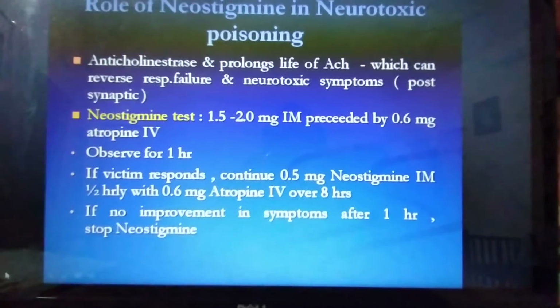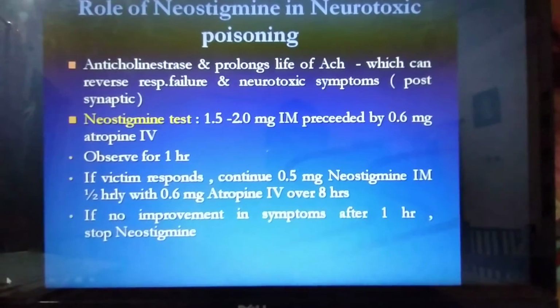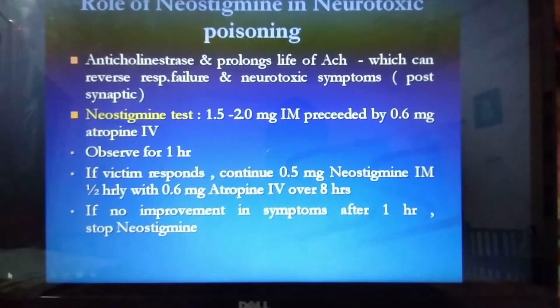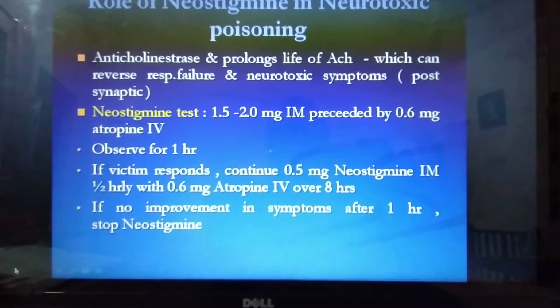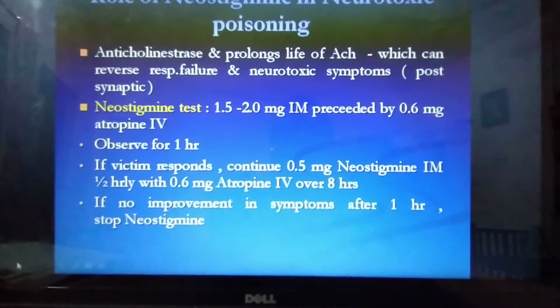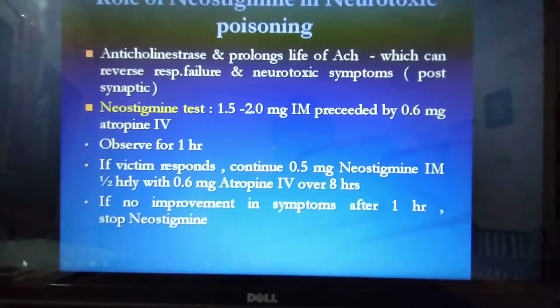So anticholinesterases like neostigmine and pyridostigmine increase the half-life of acetylcholine, which can reverse the respiratory failure caused by the neurotoxins.